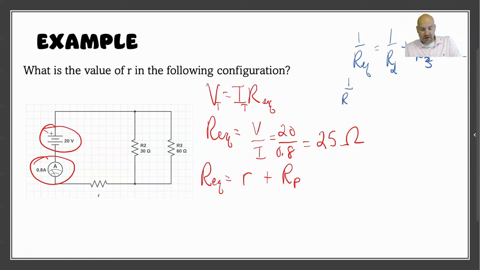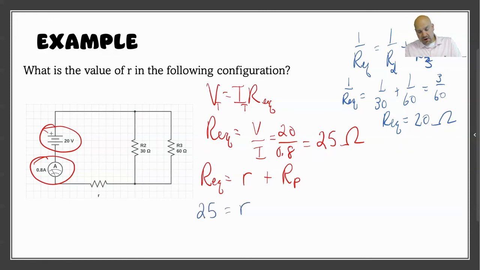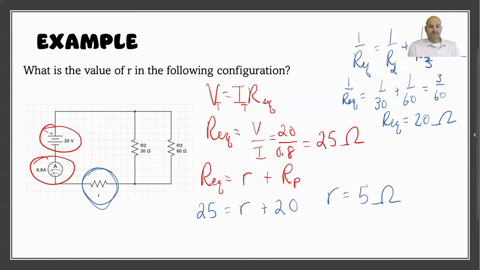And so I would say 1 over REQ equals 1 over 30 plus 1 over 60. So that's going to be 3 over 60, or 60 over 3, which is 20, right? Because I just flip them. And so that's telling me that 25 equals R plus 20. And so this resistor in series is equal to 5 ohms.